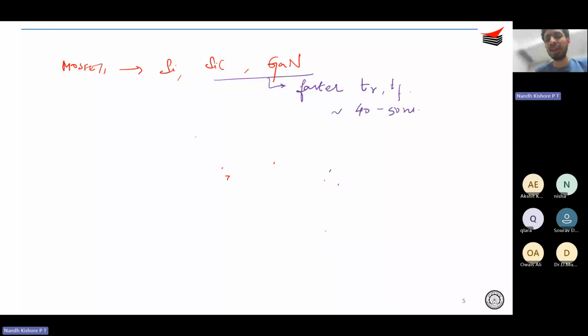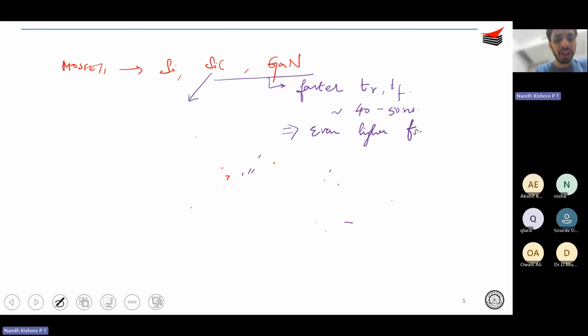So if your TR and TF are just 40 to 50 nanoseconds, obviously you can go for even higher switching frequencies. People have been able to operate silicon carbide devices typically till around 100 to 250 kilohertz or so, right?